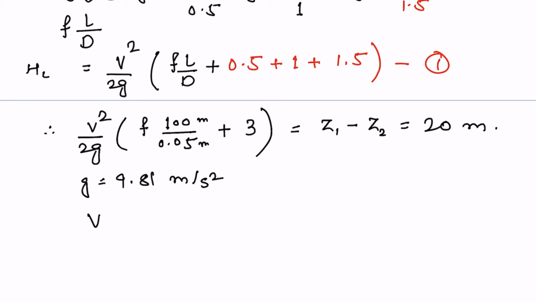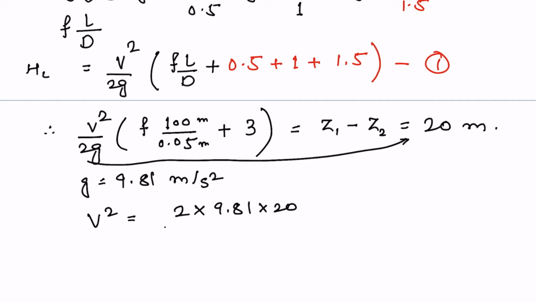V square comes out to be 2 times 9.81 times 20, so multiplying this here divided by f times 2000 plus this factor 3. So this 2000 is what you get if you calculate this ratio.